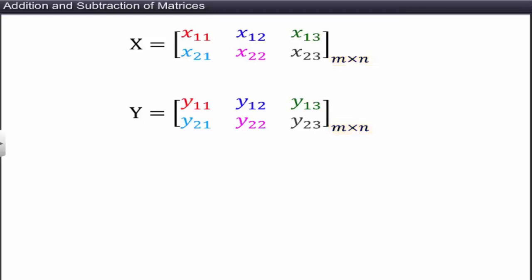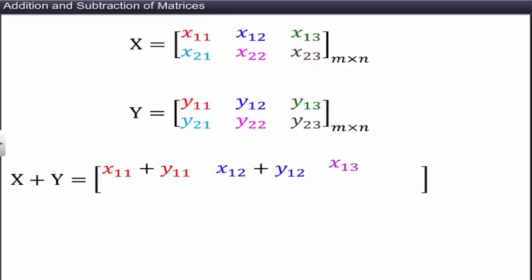If we are performing the addition operation on X and Y, it means that we are adding the elements of X to the corresponding elements of Y. Let's see how it's done. The element in the first row and the first column of matrix X is added to the element in the first row and the first column of matrix Y. Similarly, the other corresponding elements are added as shown.